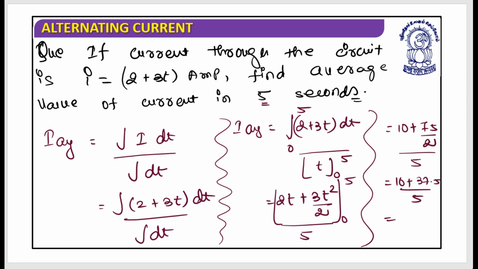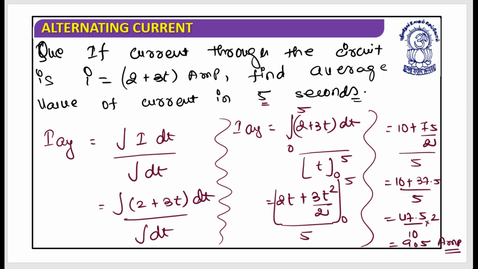This is equal to 37.5 plus 10, it's 47.5 divided by 5, which is 10 by 2. 47 twos are 94 plus 1, 95 by 10, it's 9.5 ampere. I hope this is clear. So it's 9.5 ampere. This will be the average.